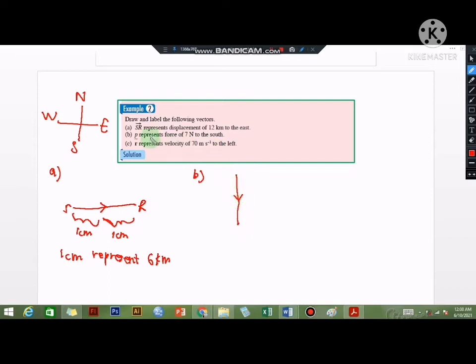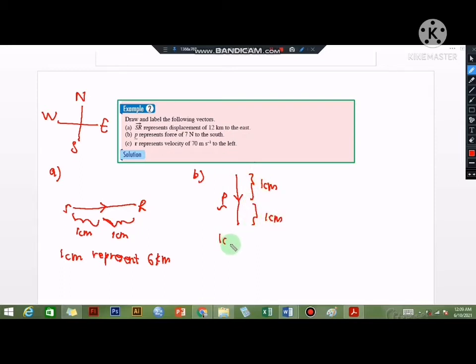For this notation, you need to draw it like this, P. Just imagine this is 1 cm and this is another 1 cm.